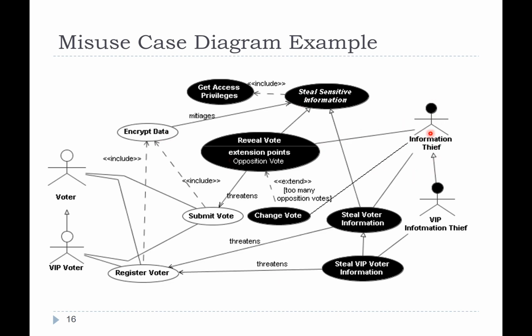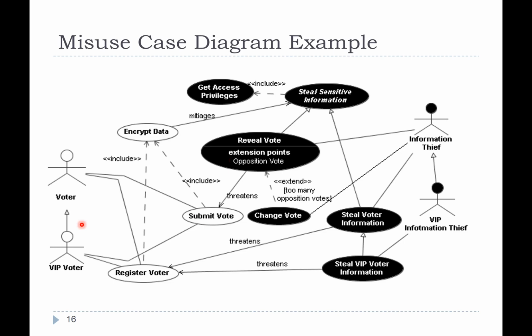Associations between misusers can only be with misuse cases. Associations between actors can only be between the actors and use cases. Even the generalization relationship that existed between the actors and the misusers, you cannot have a misuser being a sub-child of an actor and vice versa. You cannot have that.